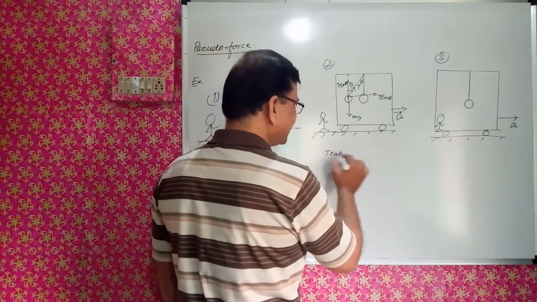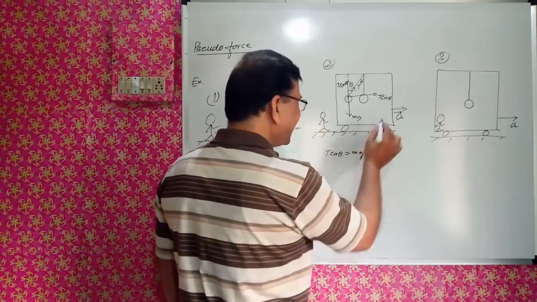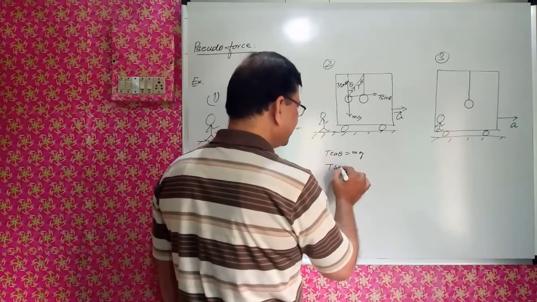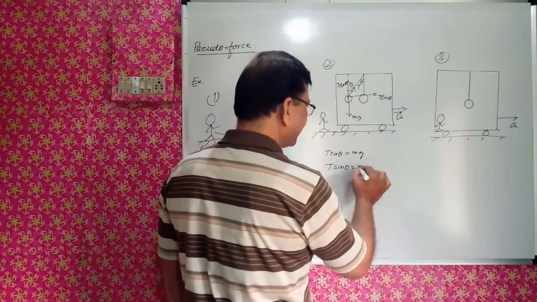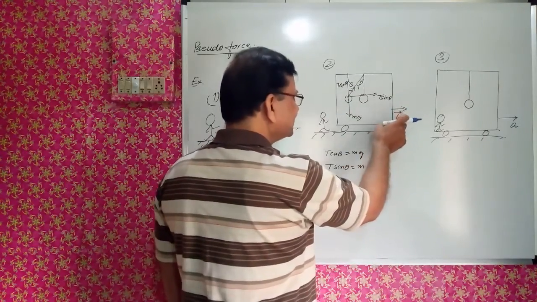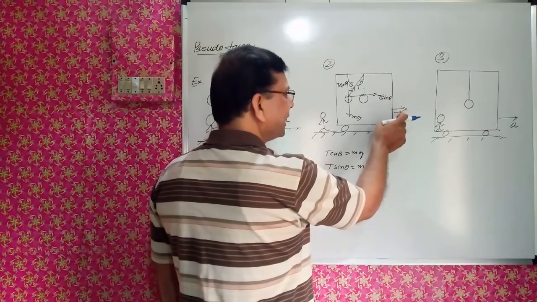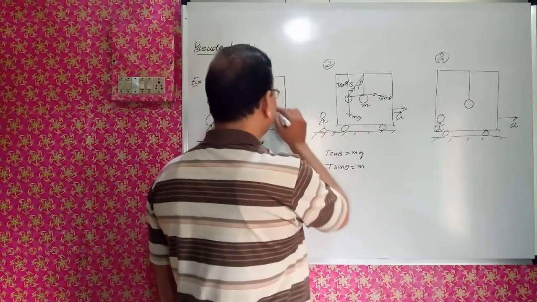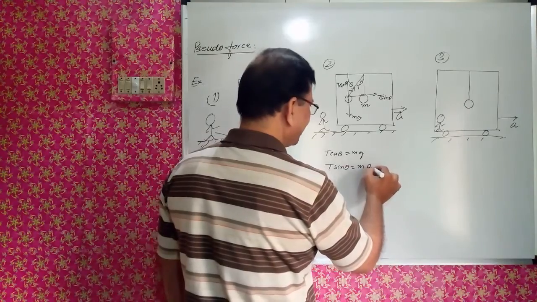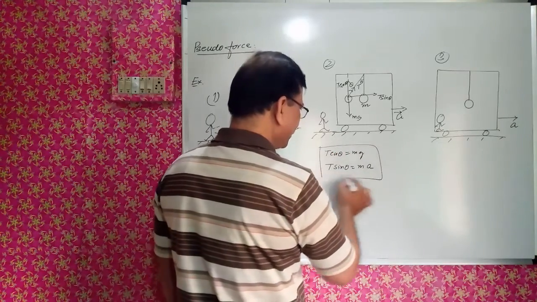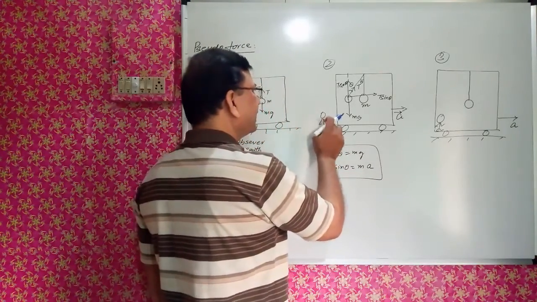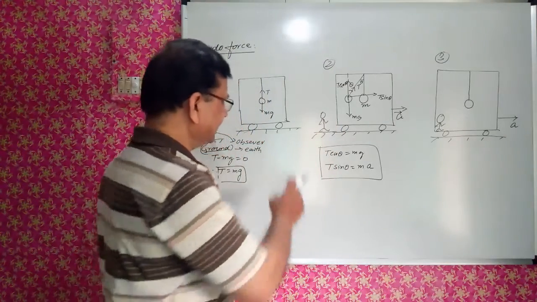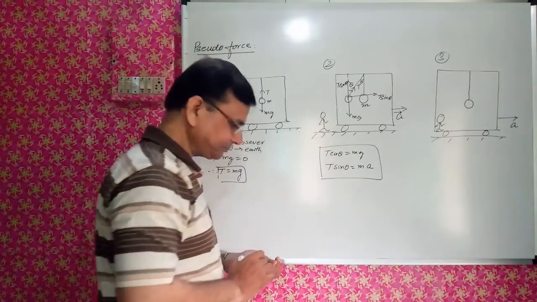Therefore, T cos theta is equal to mg, and T sin theta is the net force acting, creating the acceleration A in the mass m, that is, m into A. This is when it is being observed from an inertial frame of reference. The observer is on the ground.